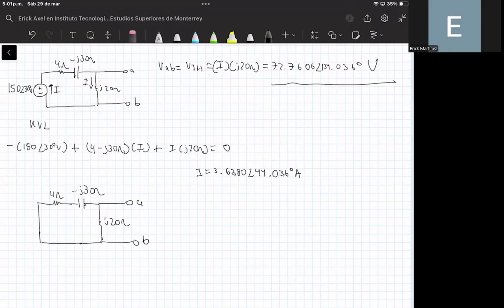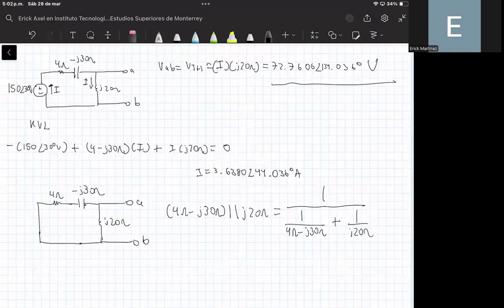And you will notice that this equivalent impedance between these two elements is in parallel with this inductor. So we can say that 4 ohms minus J30 ohms is in parallel with the impedance of the inductor, that is J20 ohms. And this is equal to 1 over (1 over (4 ohms minus J30 ohms) plus 1 over J20 ohms).